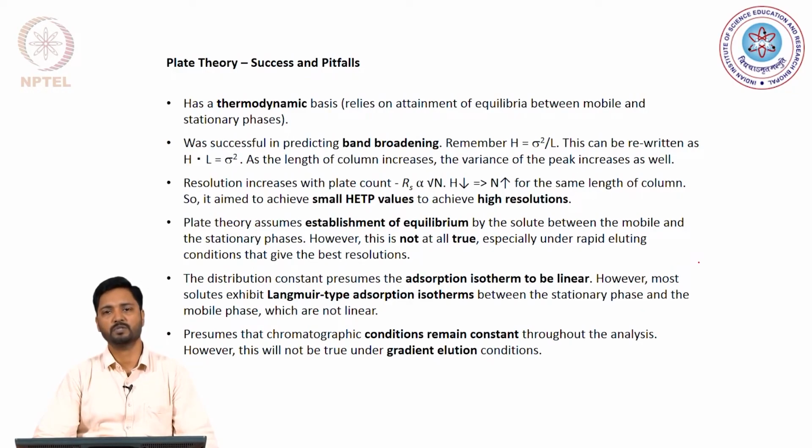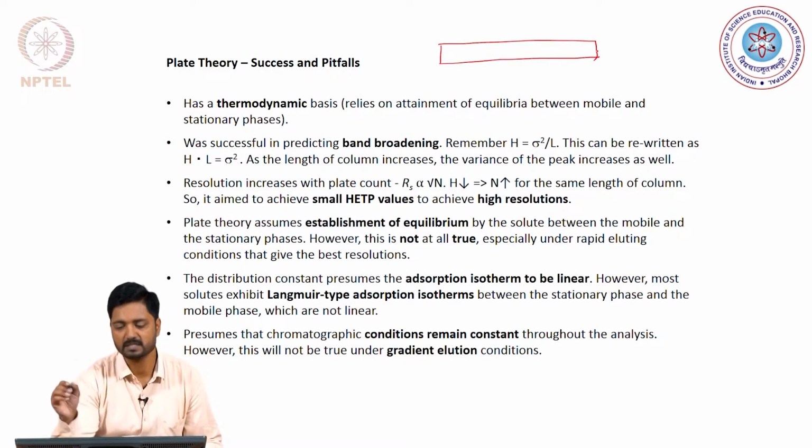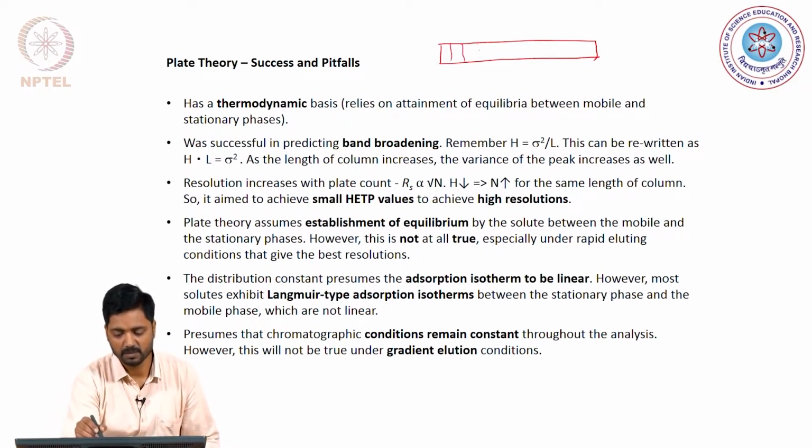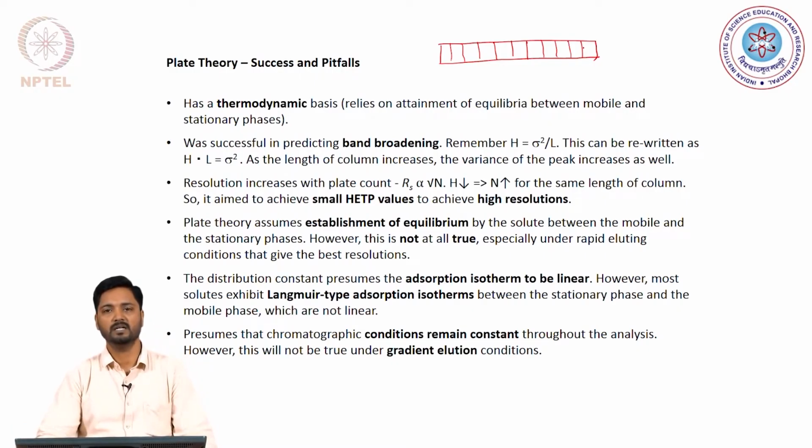It was proposed by Martin and Synge, and it presumed that a chromatographic column, which is indicated by this rectangle here, has multiple imaginary plates present in it, and these plates result in the chromatographic separations.